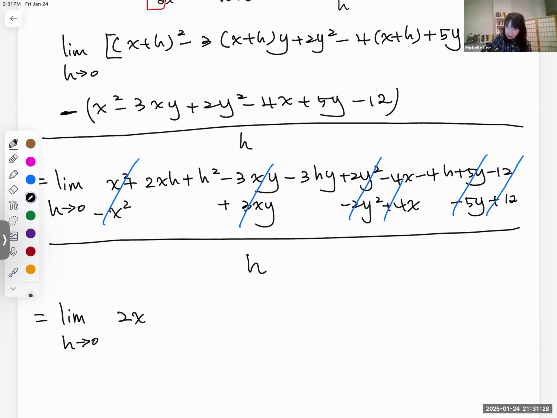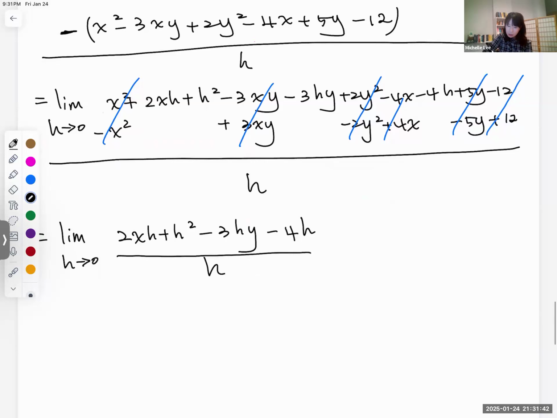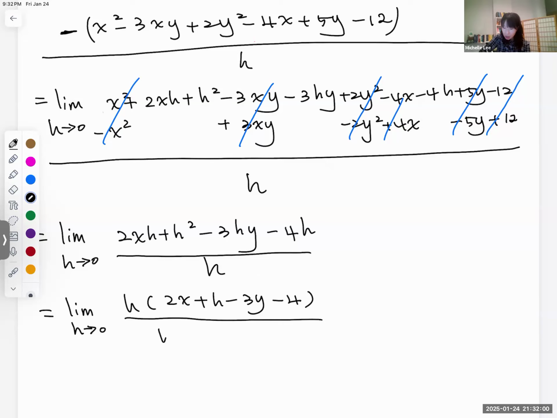We have 2xh plus h squared minus 3hy minus 4h, over h. We had experienced this kind of example, so factor out h: 2x plus h minus 3y minus 4, over h.